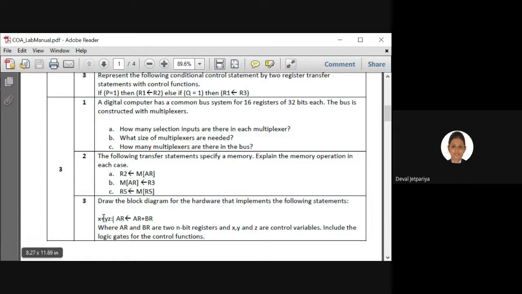So first you can display the AND gate using Y and Z, and whatever is the output line, you can connect with AX using an OR gate. And that line you can connect to this AR.